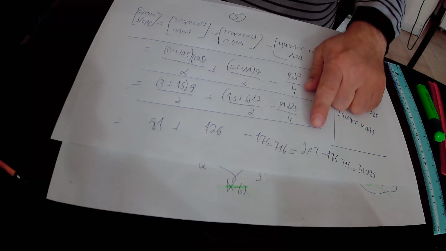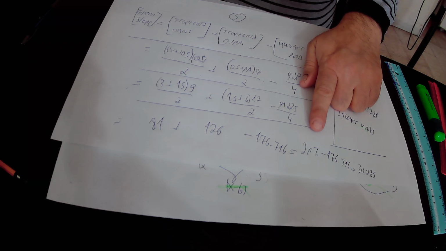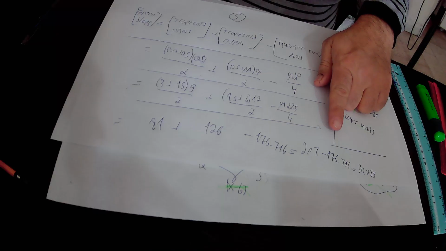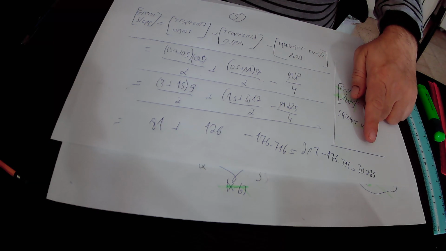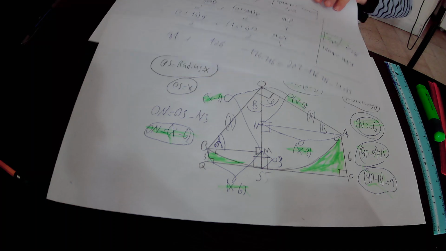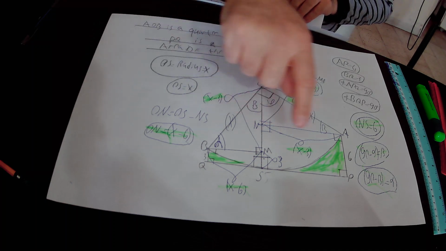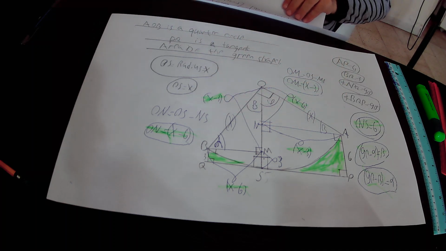So 207 minus 176.716 square units equals 30.285 square units. In conclusion, we found out that the area of this green shape equals 30.285 square units. Okay, thank you very much.